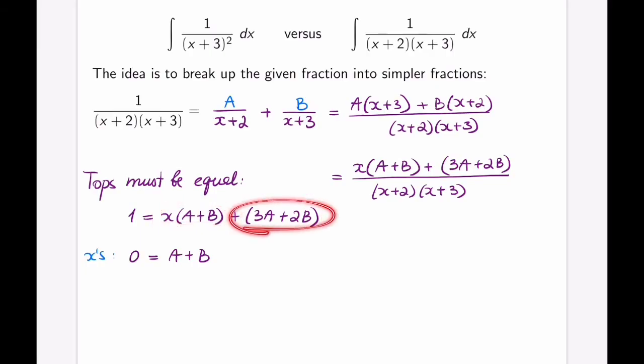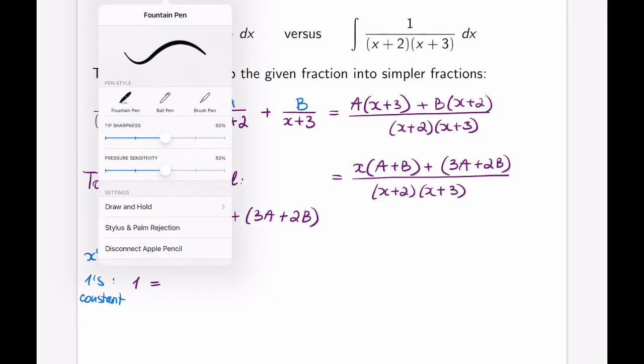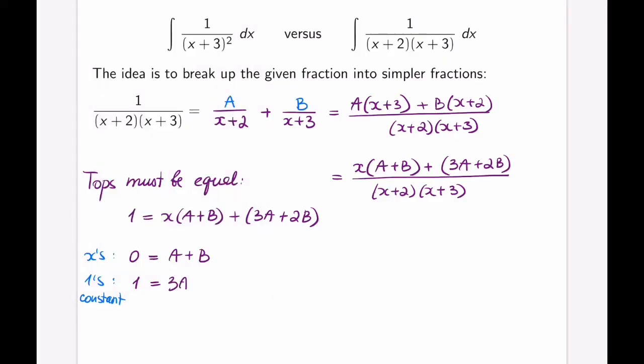This second term has no x's. So these are what I can call my constant terms. What do I have on the left for constant? I have 1. What do I have on the right for constant? On the right, I have 3a plus 2b.